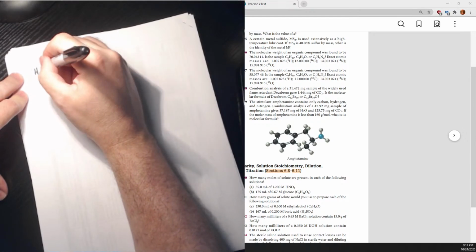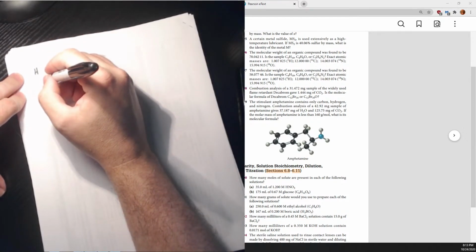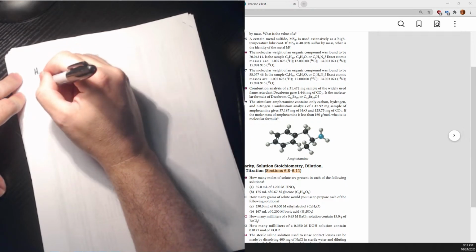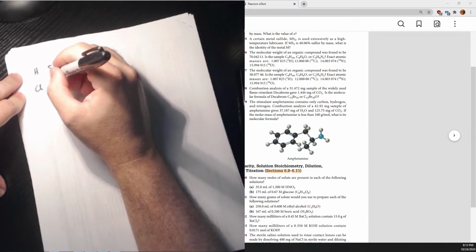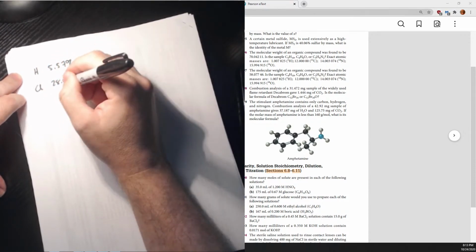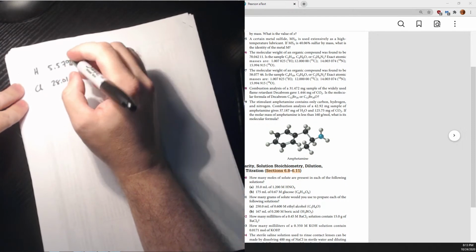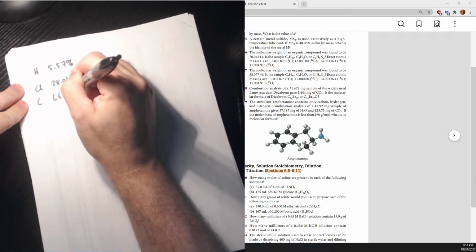Hydrogen is 5.57%. Chlorine is 28.01%. And carbon is 66.42%.